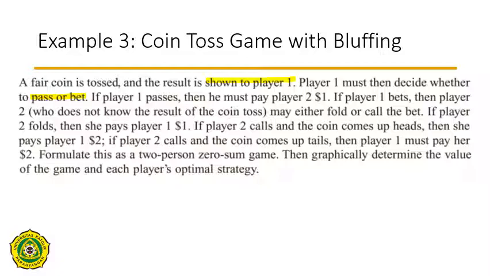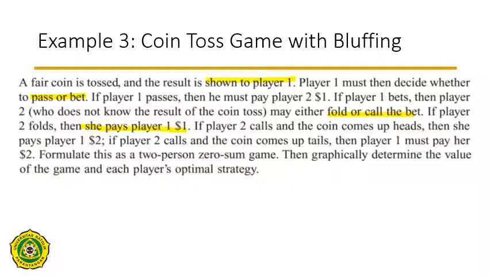If player 1 bets, then player 2, who does not know the result of the coin toss, may either fold or call the bet. If player 2 folds, then she directly pays player 1 $1 and player 2 just lost because she says she's going to fold.